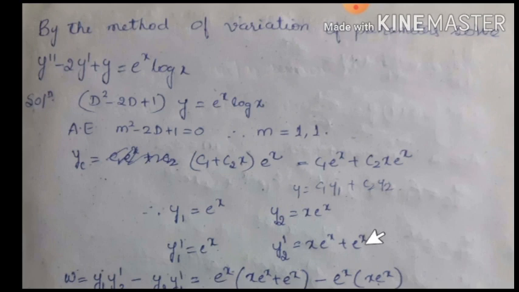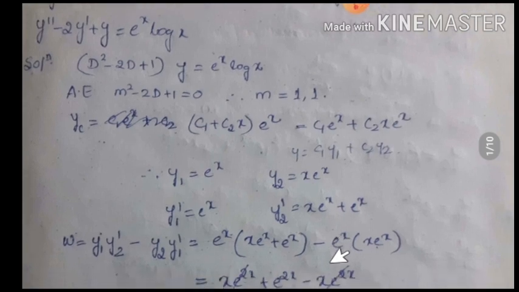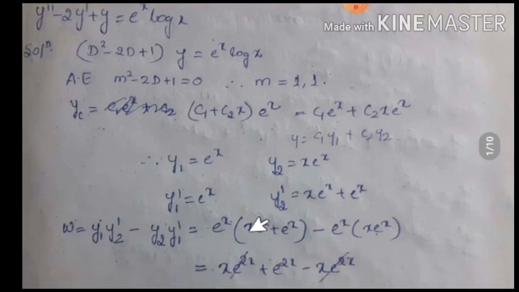So when you apply the Wronskian formula, it is y1 into y2 dash minus y2 into y1 dash. So multiply e to the power of x into (x e to the power of x plus e to the power of x), minus x e to the power of x into e to the power of x. That multiplication I have shown here. Then open the bracket. x e to the power of x into e to the power of x: what is the answer?